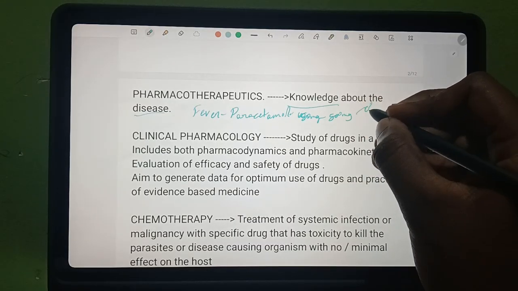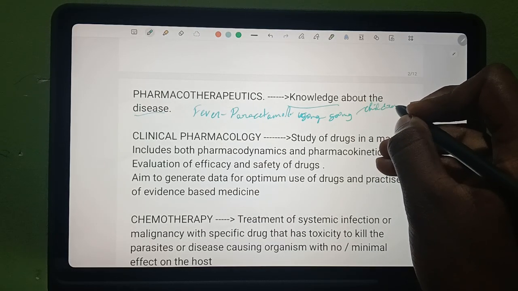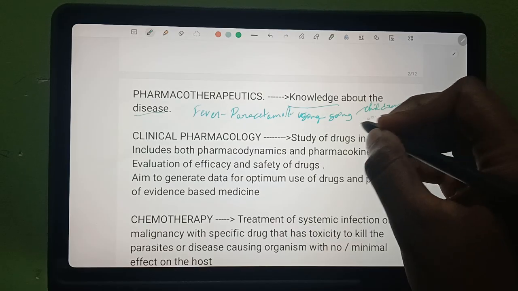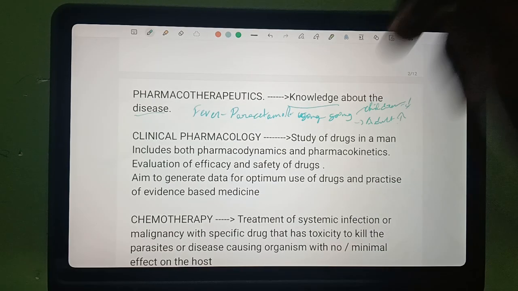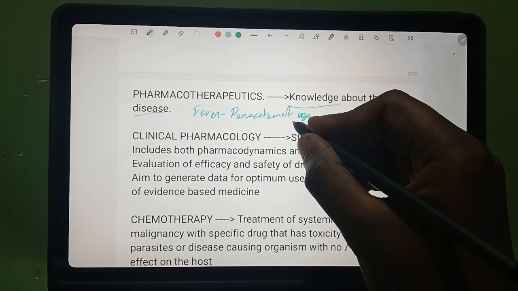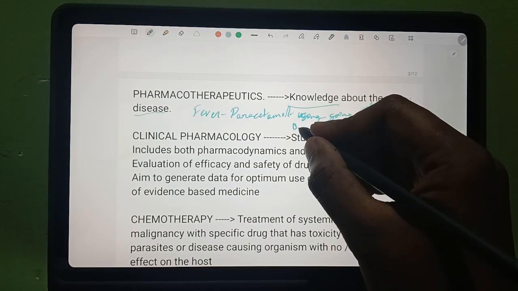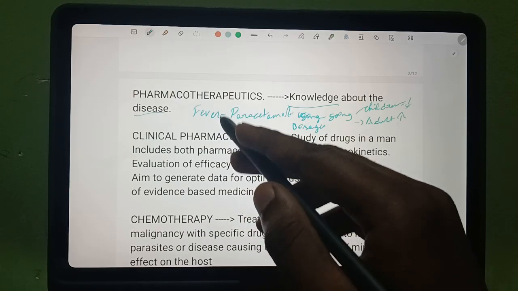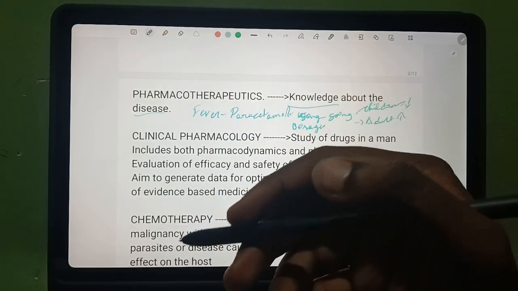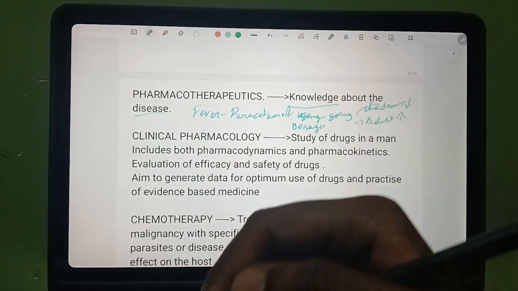For children, a small dose; for adults the dose will be increased. And how many times it should be taken, the dosage. So having knowledge about a particular disease is known as pharmacotherapeutics.